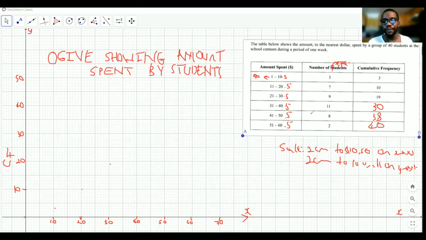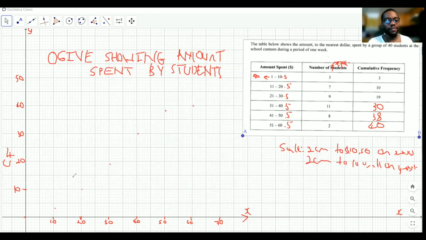Then 40.5 to 30. 40.5 again is right in the middle there, and I'm going all the way up to 30. Then 50.5 to 38. So 50.5, going all the way up. This is 40, and 38 is still below, right here. Then 60.5 to 40. So 60.5 is in the middle here. I go up to 40 and put a point there.